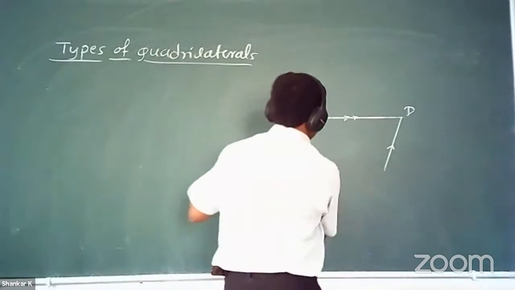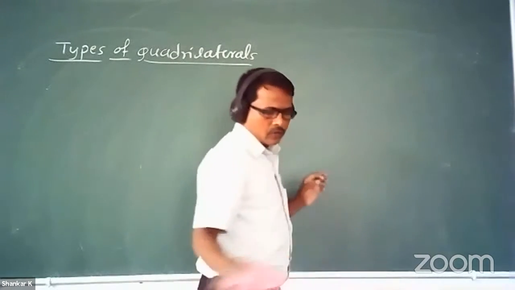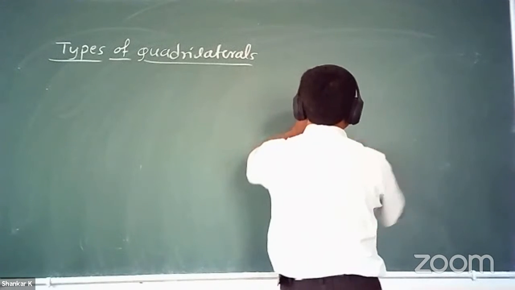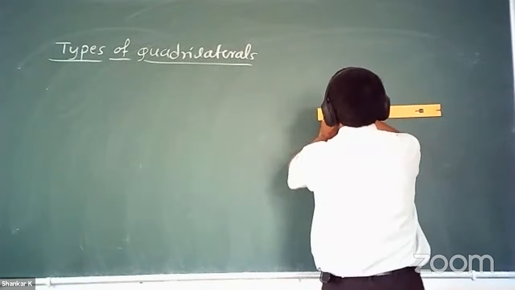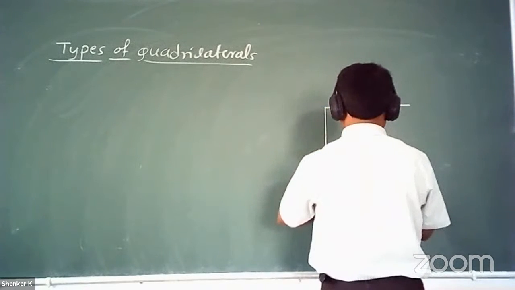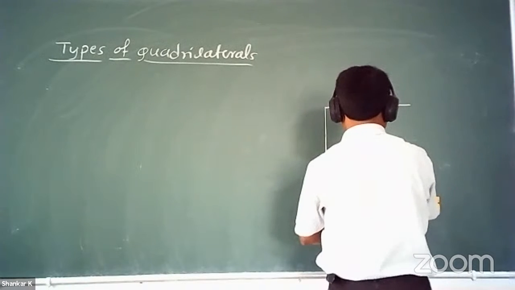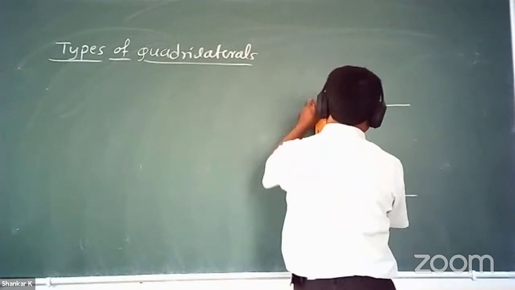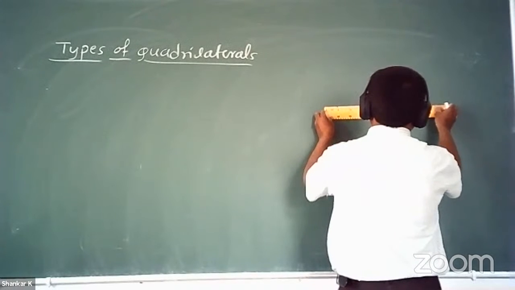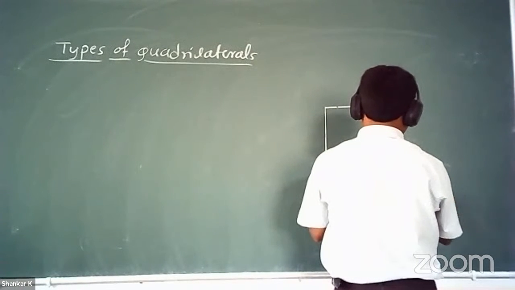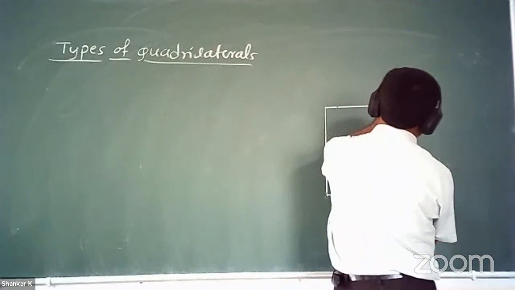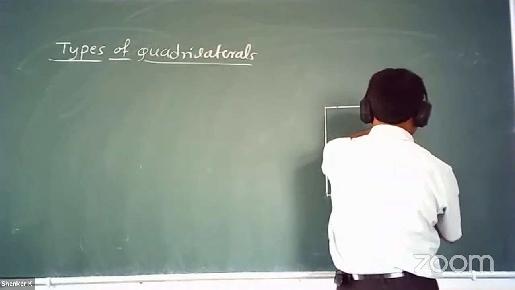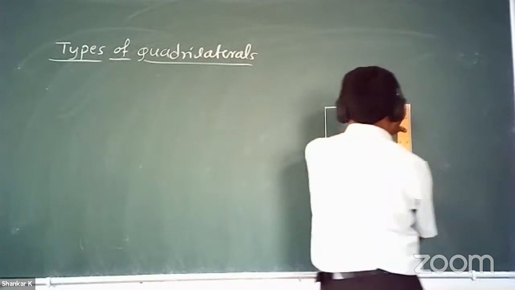Here I will draw and show. I'm drawing a rough diagram, okay? 45, 45, 45. Okay.